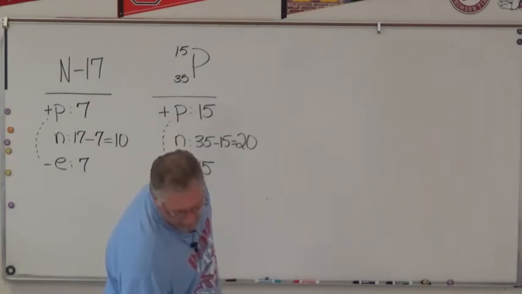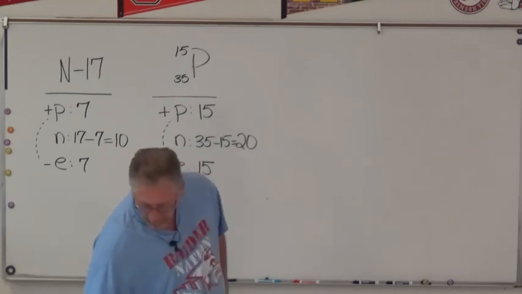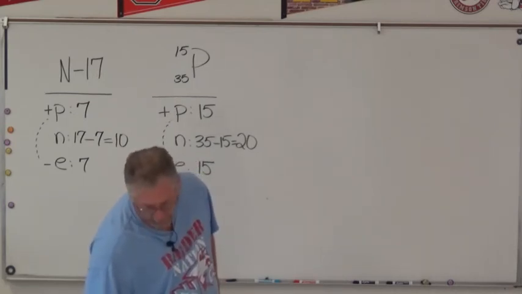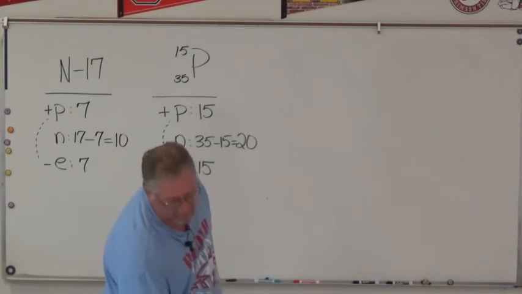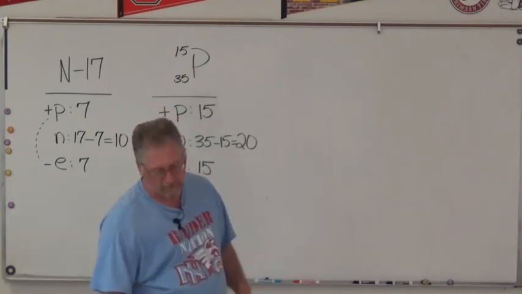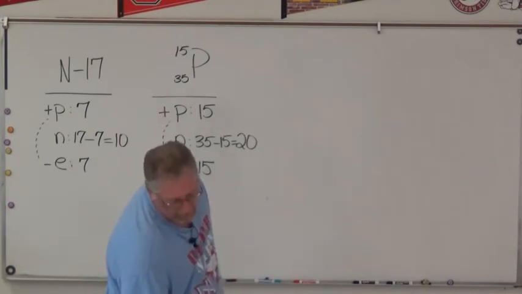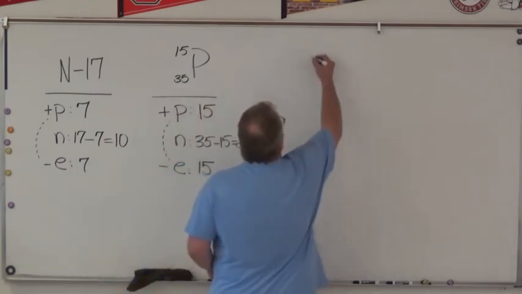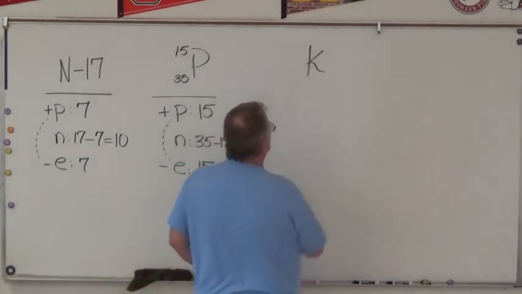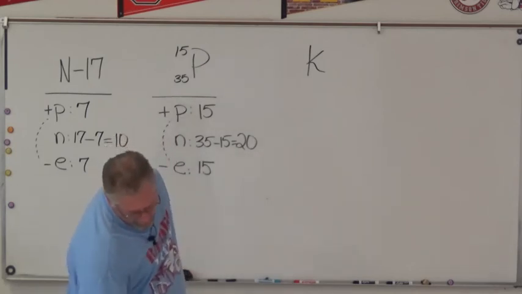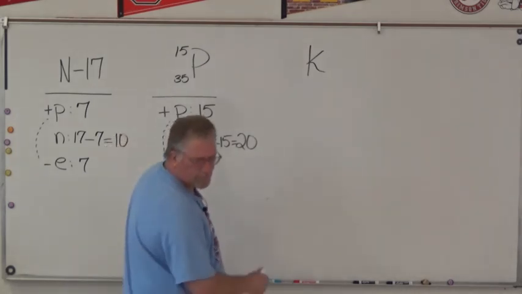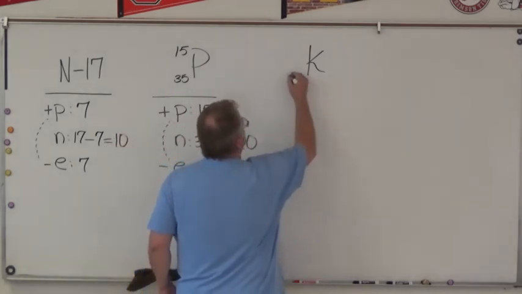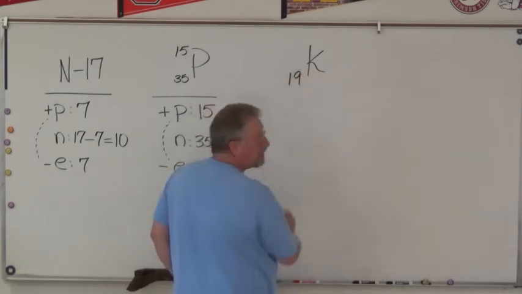Let's try iodine. Nah, that's too crazy. Let's try potassium. Potassium's got a lot of isotopes on it. So let's say we have potassium, but they give it to you switched around. So potassium, let's say they put the small number down here.